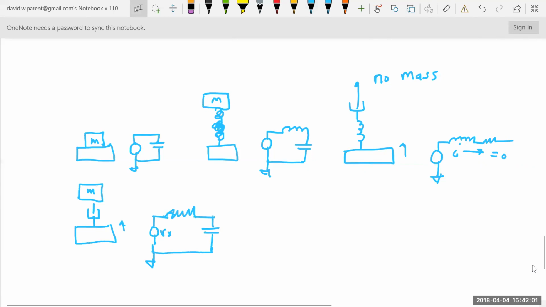And then we're measuring the velocity of that mass from here to here. All right. So this one doesn't really make physical sense. This one isn't really that interesting.